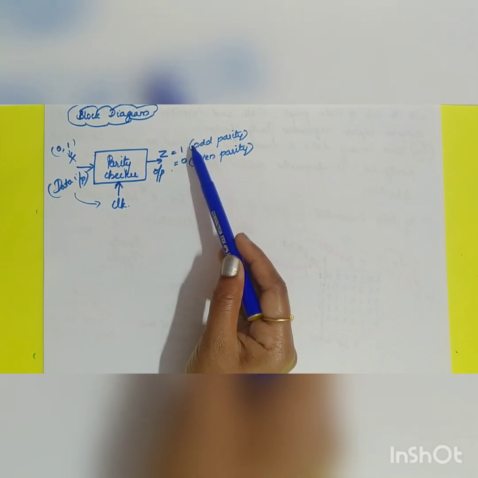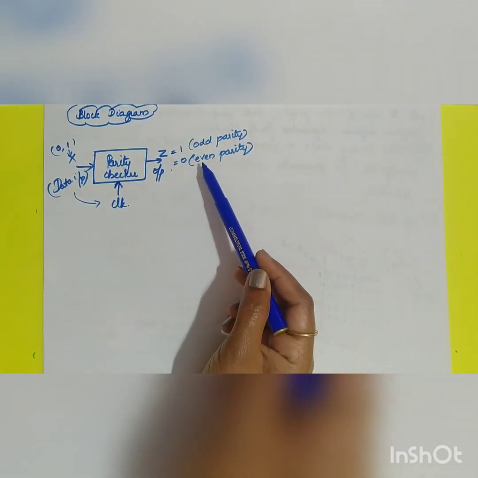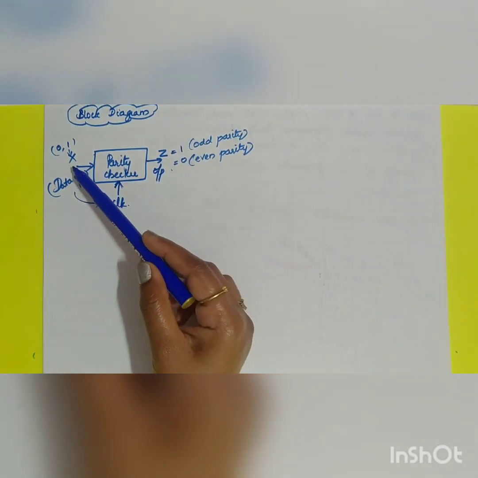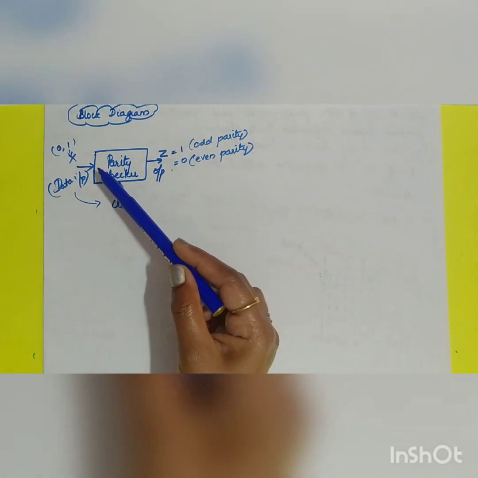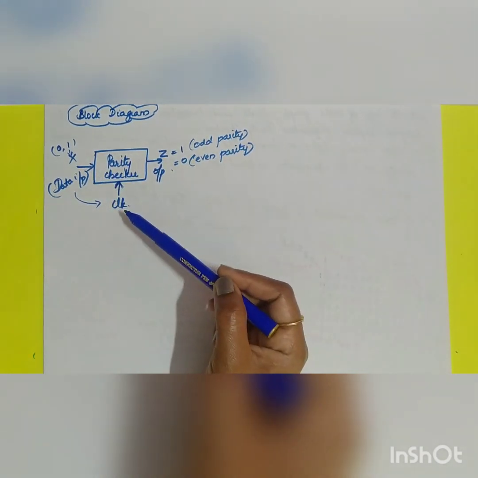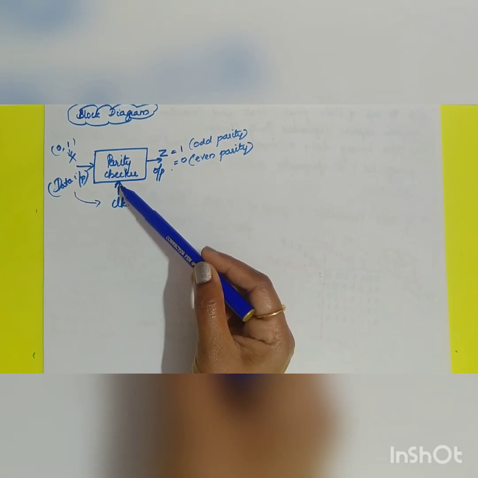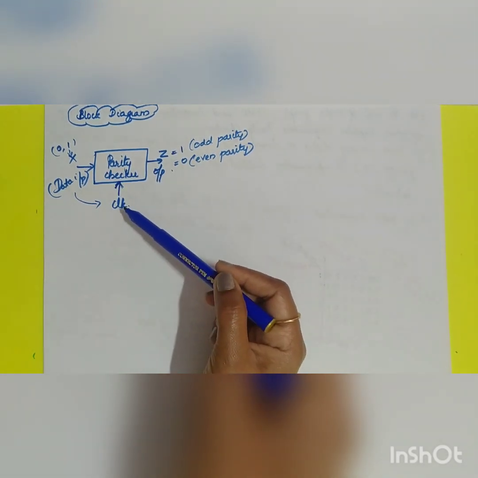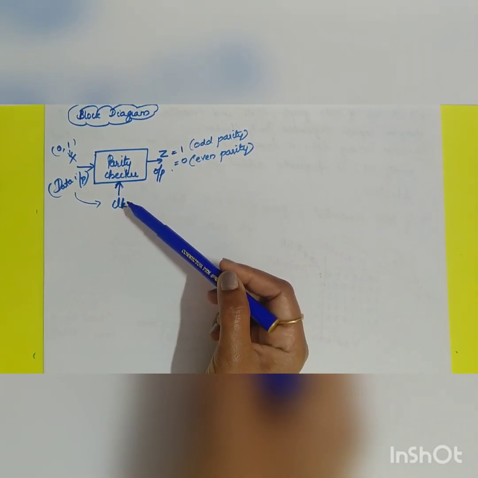Odd parity means an odd number of ones is present, and even parity means an even number of ones is present. Always your X will be loaded depending on the clock signal. The values of X will be read at the time of the active clock edge. There is no bubble, so it is an active clock edge. One more use of this clock input is to distinguish the consecutive zeros and ones in the X input.